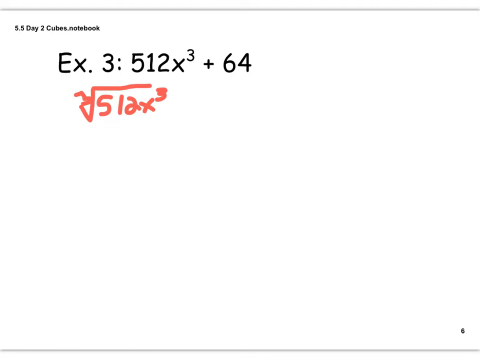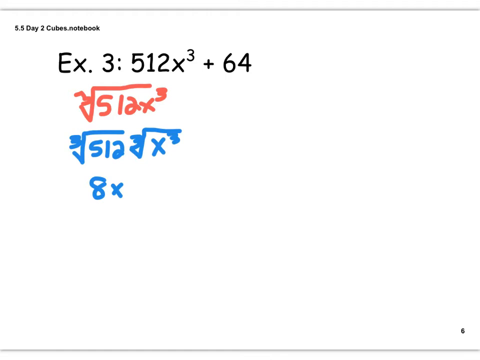So 512 multiplied by x to the third. Well, I can rewrite this with an index of 3: the cubed root of 512 multiplied by the cubed root of x to the third. And really this is 8 multiplied by x. Hopefully you can see that as I broke that down for you.